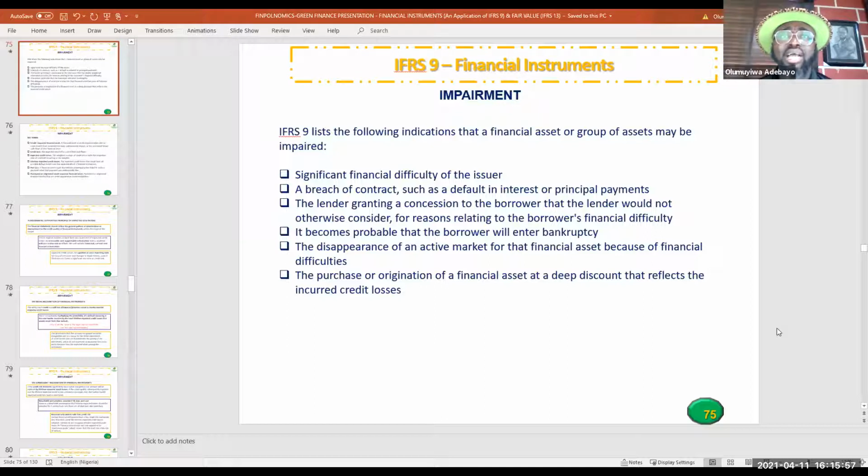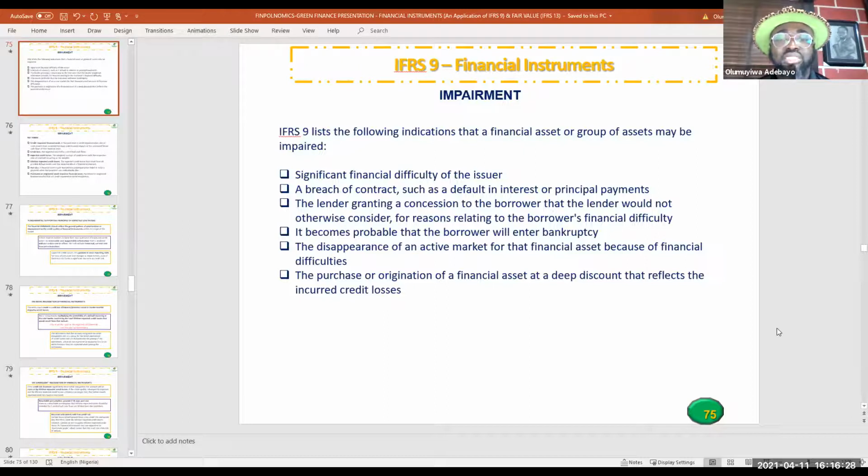Another is when the issuer has started to breach contracts so that it starts to default in interest and or principal, in part or in full, so that the lender is now granting a concession to the borrower that it wouldn't have granted on a normal day, but is granting it in a bid to revive the recoverability of its contractual cash flow collection.